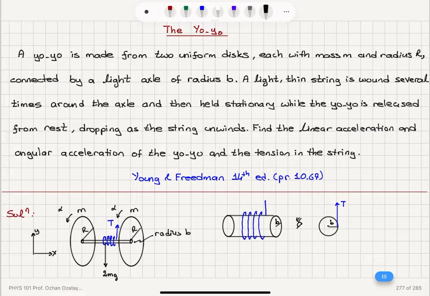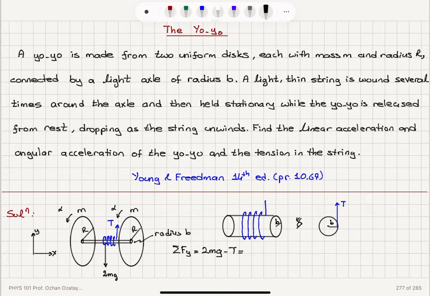So if I write the net force on the y-axis, the sum of the forces' y components will be 2mg minus T in the minus j hat direction, because the acceleration of the center of mass will be in the minus j hat direction.